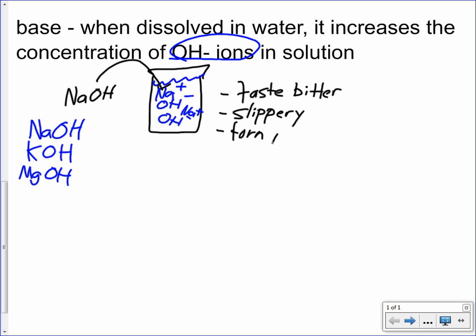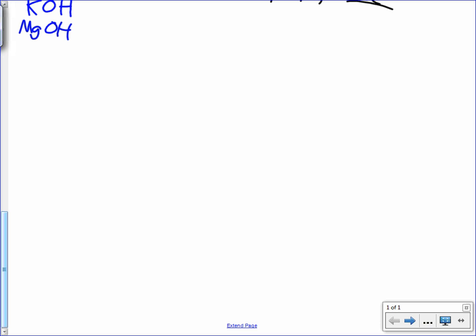They turn pH paper blue. So acids turn pH paper red, bases turn it blue. We'll talk in a minute about what that means. pH is a measure of acidity, more or less.